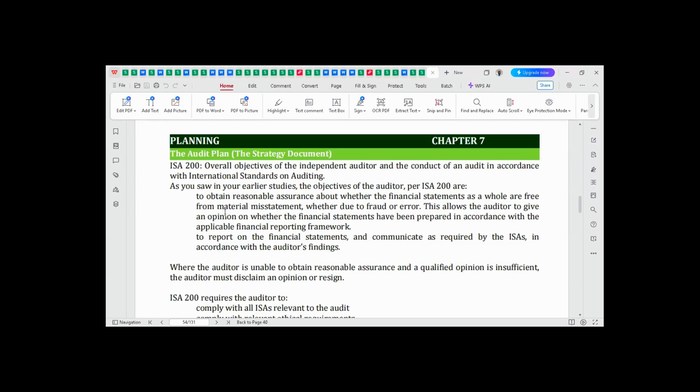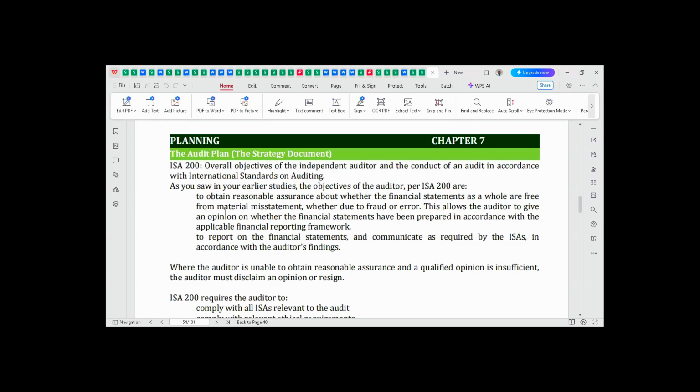Then number two, the objective is that the auditor must ensure that the financial statement is communicated in line with the audit findings. That is, while presenting the audit report, all his findings are also presented. He or she is not going to just make a presentation of the auditor's report and say that is it.